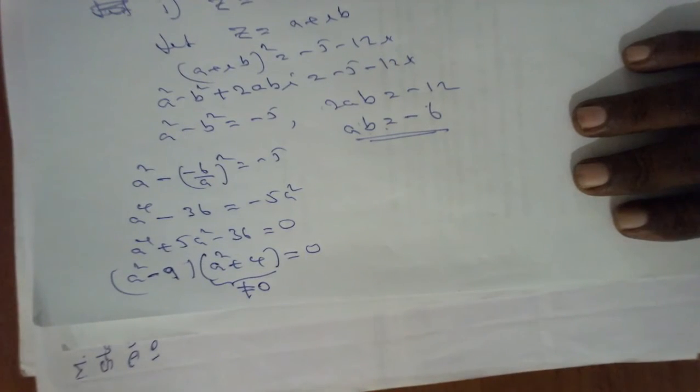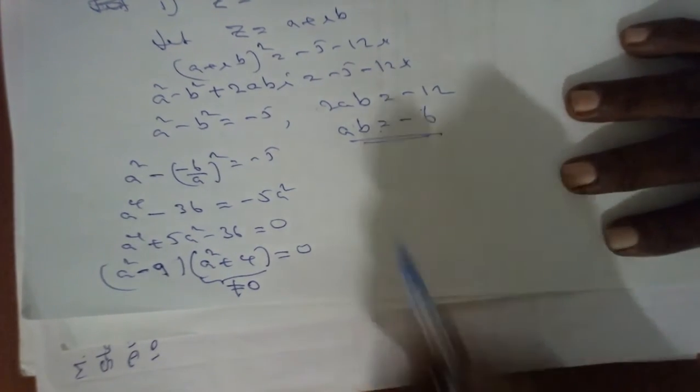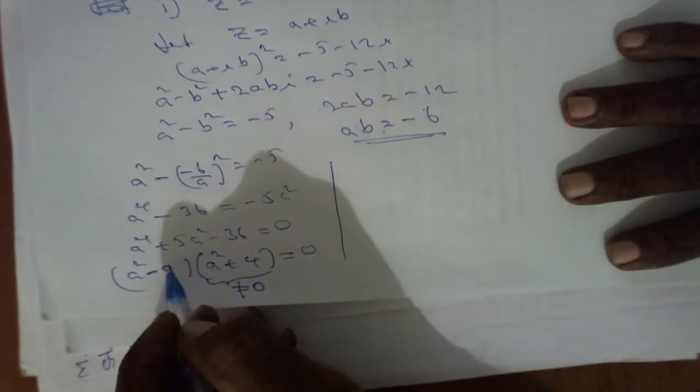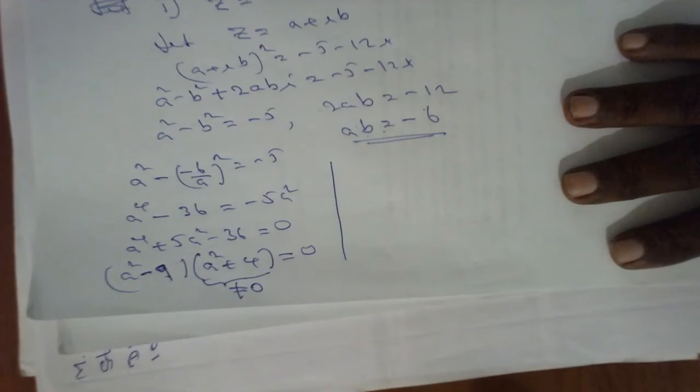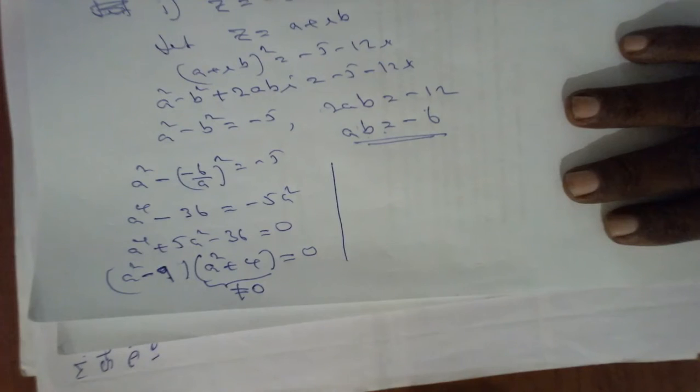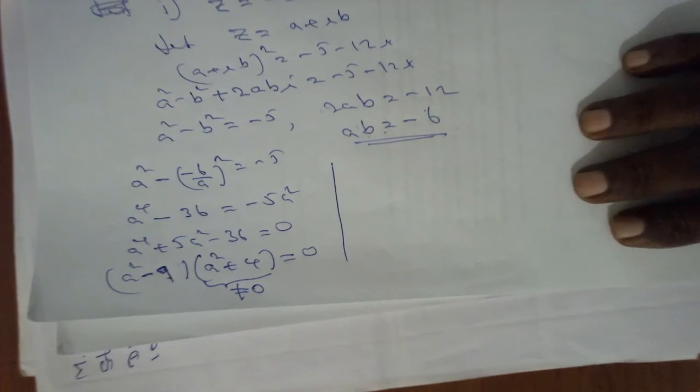Why? What is the reason? Why can a squared not be -4? Tell me, what is the reason? Because they are real numbers. Yes, a and b are real numbers. At the beginning of this lesson I told you, when you express a complex number in the form a plus ib, both a and b are real.